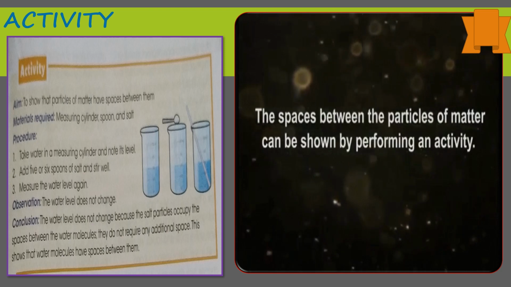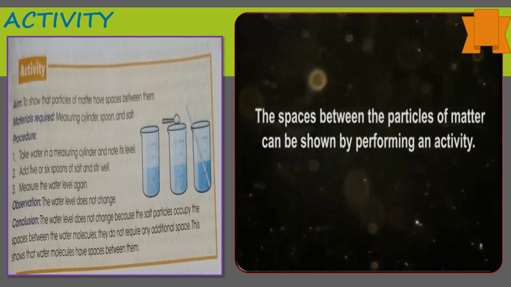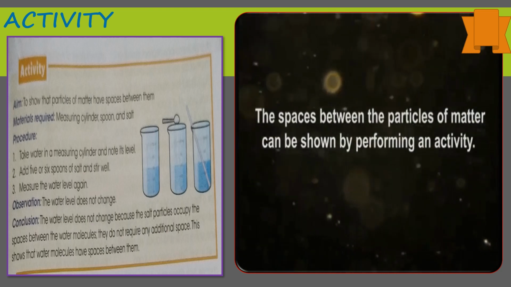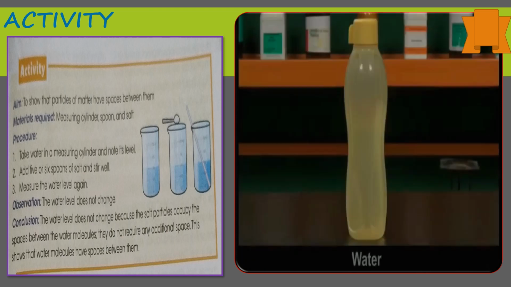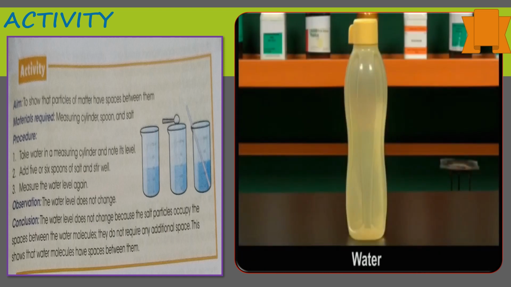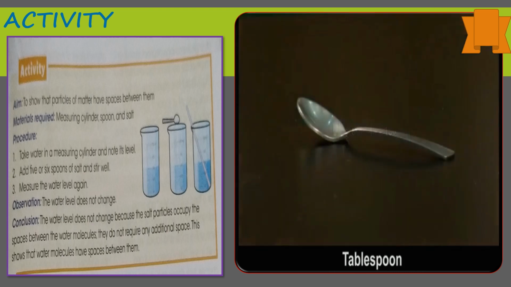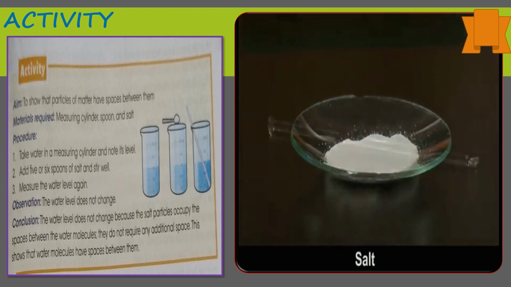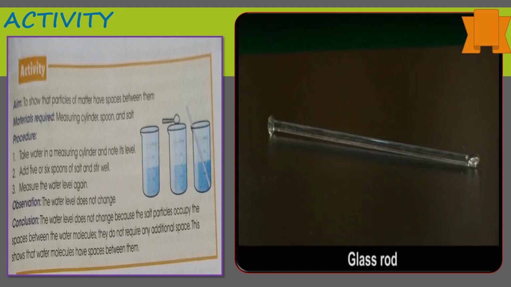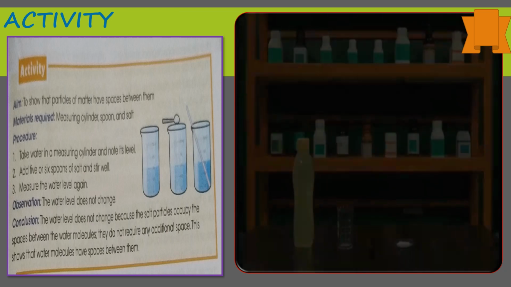In this activity, we will show that particles of matter have spaces between them. To perform this activity, we need water, a measuring cylinder, a spoon, salt, and a glass rod. Procedure.